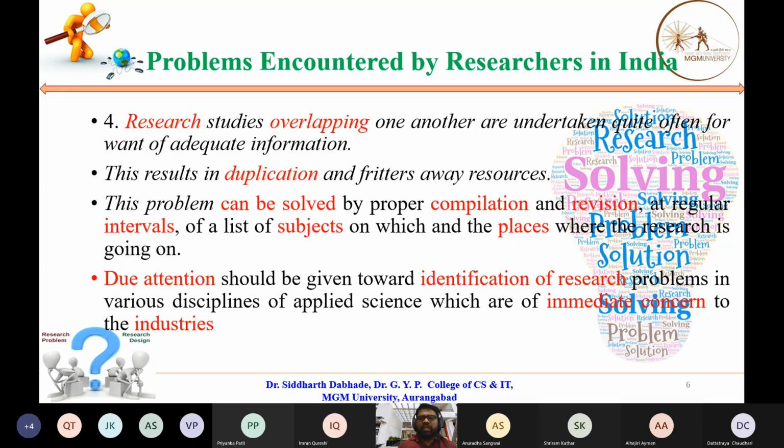It drains your resources. It is just a waste of your money, your time, your knowledge and your efforts. Why? Because the research work has already been done, and we are just wasting our time doing the same research again and again. So we need to reduce the overlap.